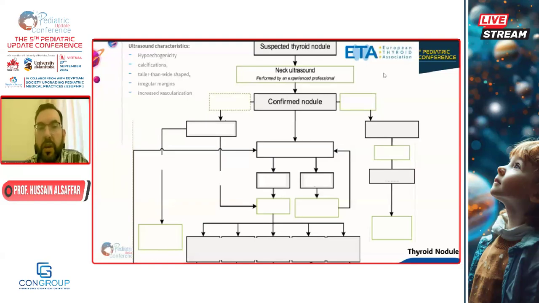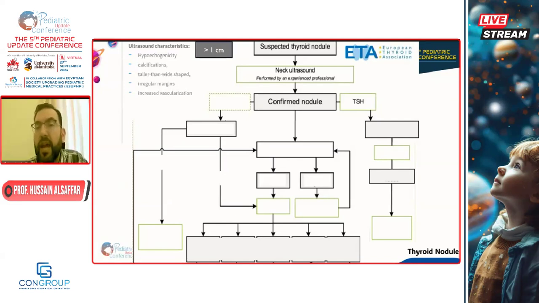Then we confirm this is a nodule, not a cyst. The next step is to see what the size is. If it's more than 1 centimeter, based on the adult data that we have, it has been found that it could increase the risk of developing malignancy.